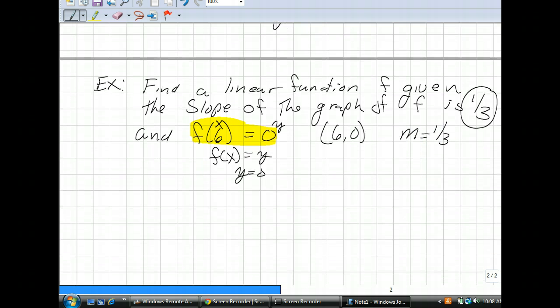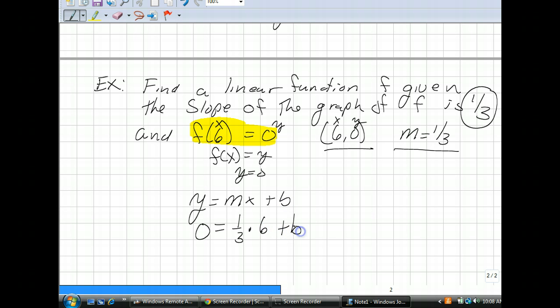And from the previous part of the chapter, we know if we have the slope and we have a point, we can find the equation of the line by using y equals mx plus b. So m is 1/3, x is 6, y is 0, and I need to find b. So I get 0 equals 2 plus b. Subtract 2 from both sides.